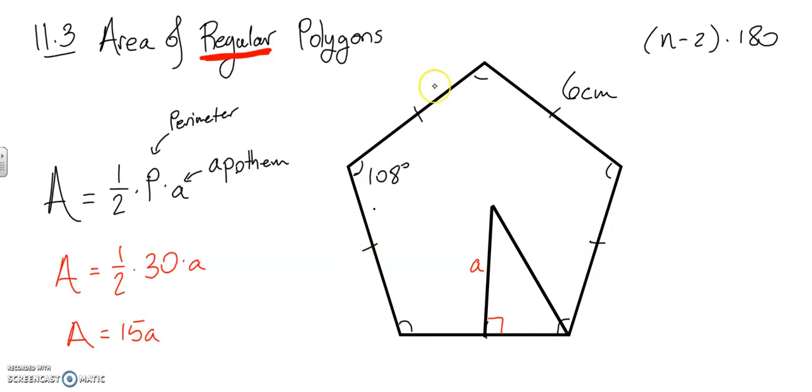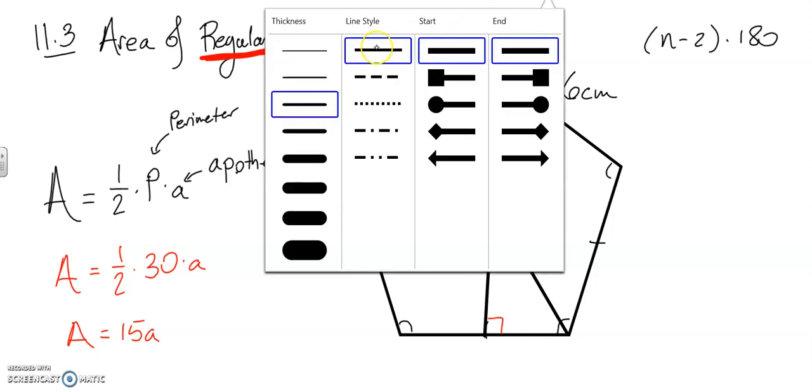Now because this is a regular polygon, drawing this radius actually has the effect of bisecting this angle. So by drawing that segment, we get a 54-degree angle right in here.